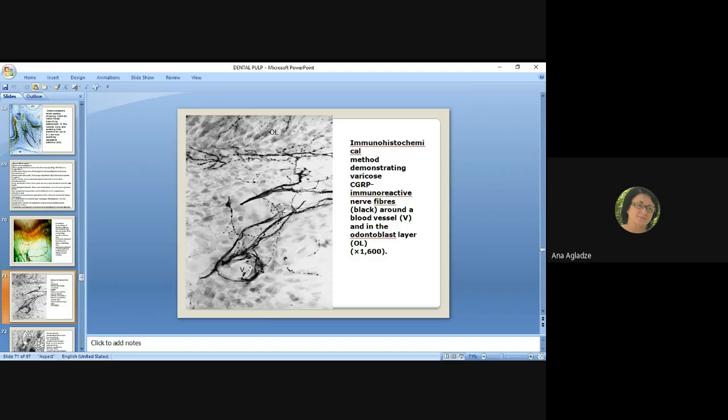The thermal nociceptors, which are activated by extreme temperatures, less than 5 degrees and more than 45, are innervated by small myelinated A delta fibers that conduct impulses about 5 to 30 milliseconds.